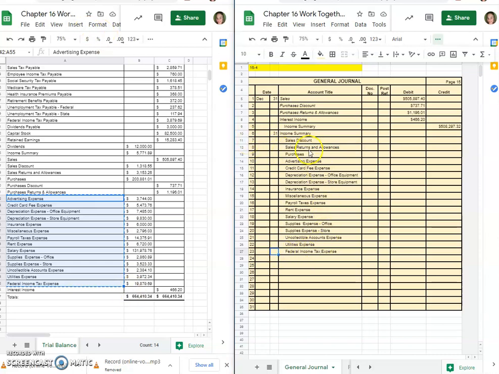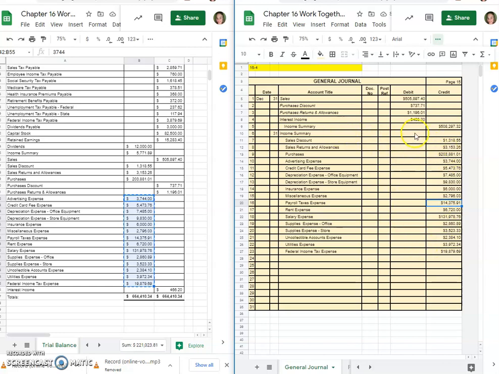So there's our list of accounts that have debit balances that will need to be credited. Now we'll grab those amounts for sales discount, returns and allowances, and paste them in. Then all of the expenses, we'll paste those in too and format painter them to look good again.